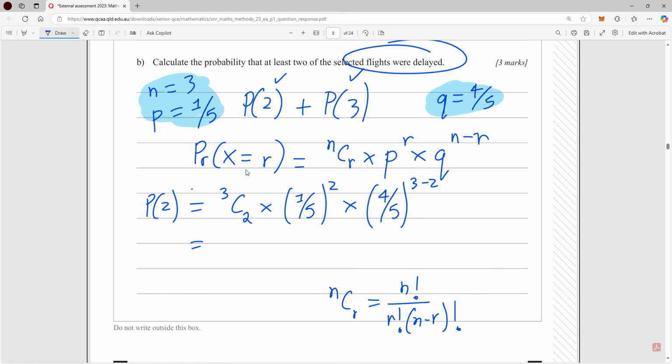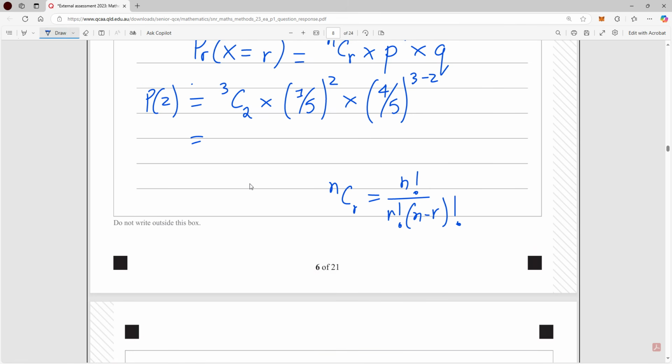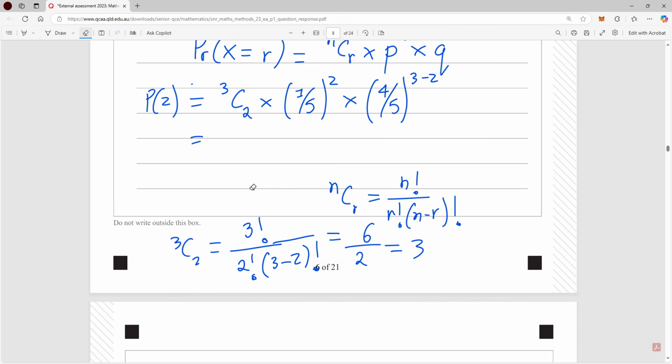So here, when we're calculating this guy here, 3 choose 2 would be 3 factorial over 2 factorial, 3 minus 2 factorial. So that's going to be 6 over 2, which is going to give you 3, I believe. Because that would be 1, and that's 3 times 2. And actually, you could cancel out straight away, but that's fine. Okay, so it's going to give you 3.